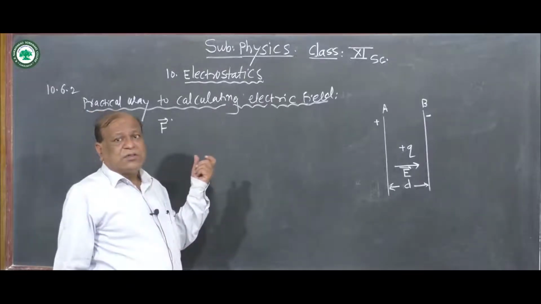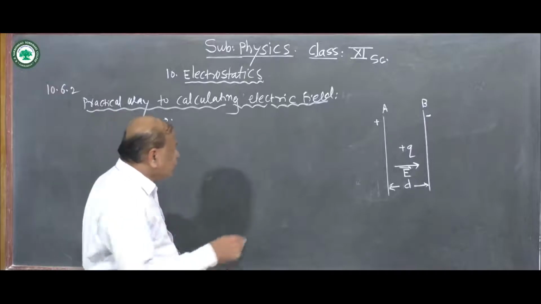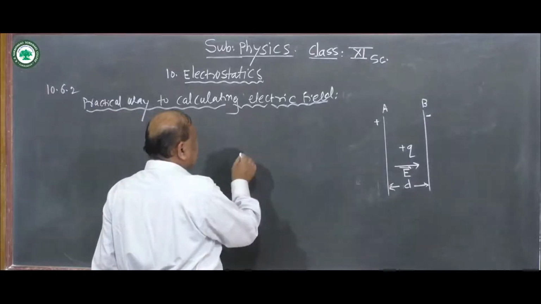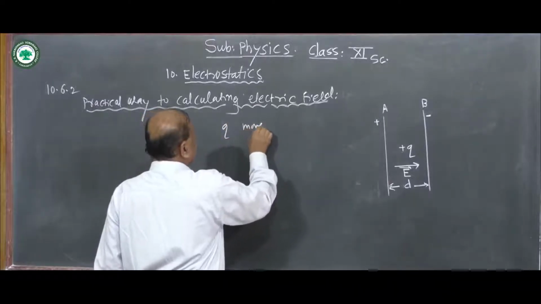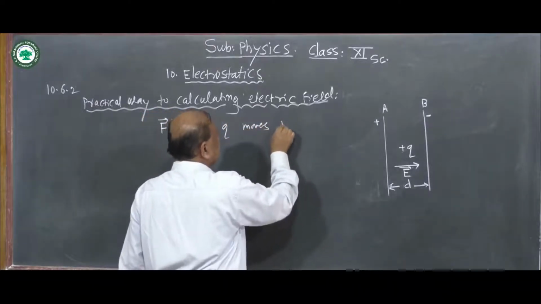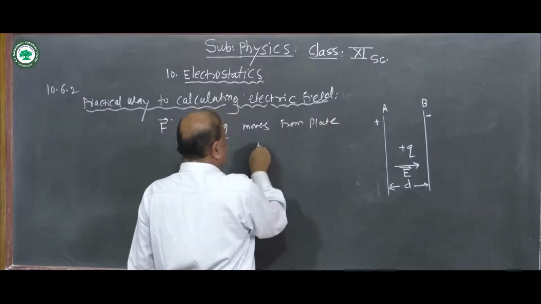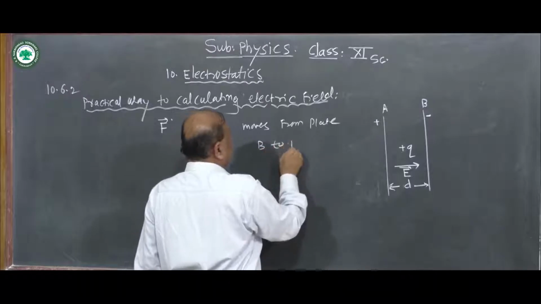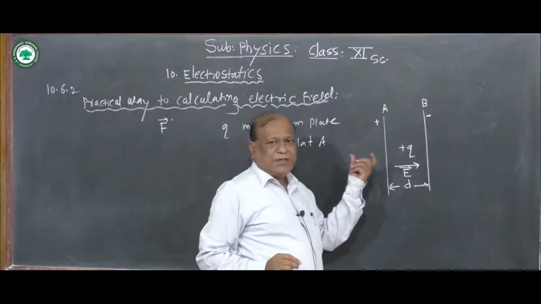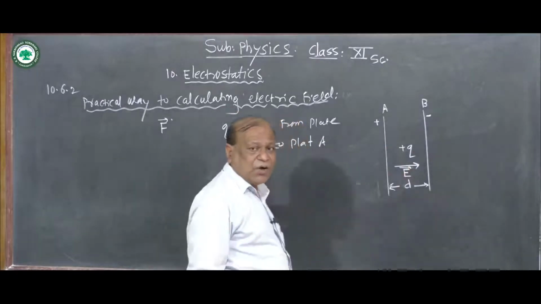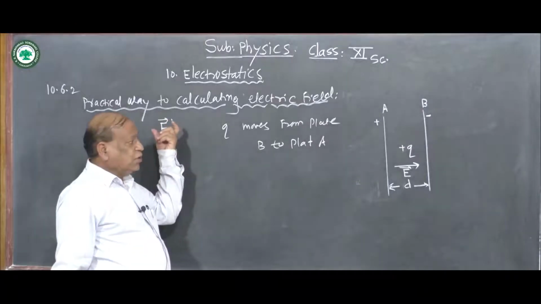For simplicity, we suppose that charge Q moves from plate B to plate A, that is against the direction of this electrostatic force.